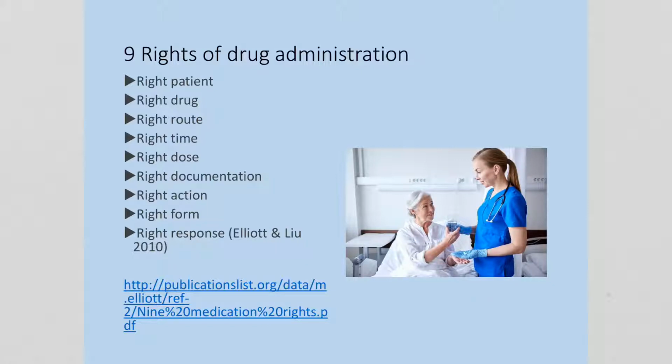It's being given for the right action with the right form, so an accurate prescription, and they're having the right response. Or are they? Herein lies some of the roots of why medication errors can be so common and why nurses so often are those who are involved in medication errors.